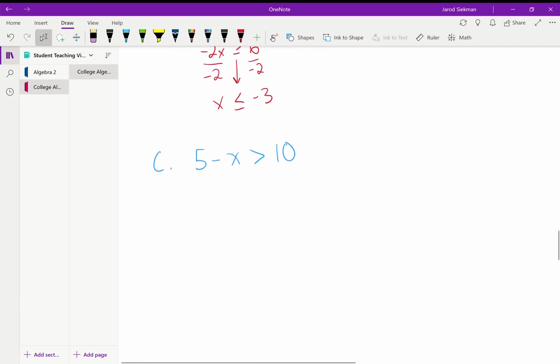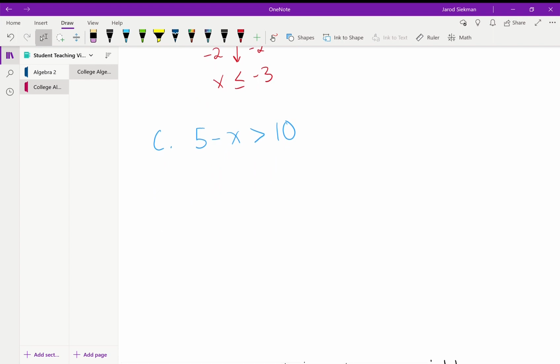So in part C, go ahead and pause the video, try this one, and come back and we'll see the solution. So we want to subtract 5 on both sides. That gives us negative x is greater than 5, but that's a negative x. So we want to divide by negative 1, or multiply by negative 1, whichever you feel.